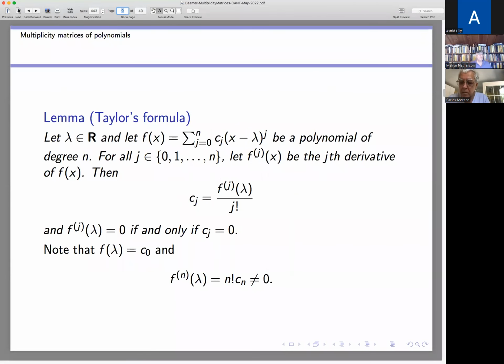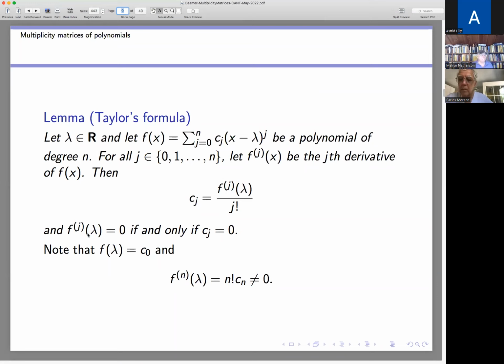And one can ask a simple question for which there's a simple answer: which vectors can occur as multiplicity vectors? If you take the Taylor expansion of your polynomial around lambda, then the jth Taylor coefficient is essentially the jth derivative at lambda.